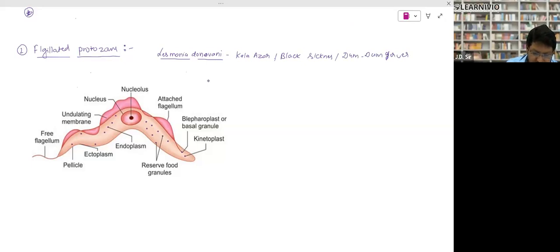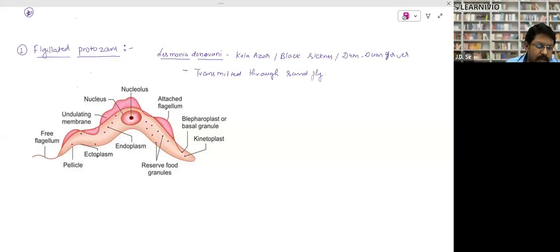Leishmania donovani is transmitted through the sandfly. Remember, it is very important. Now, this is a unicellular eukaryotic cell.